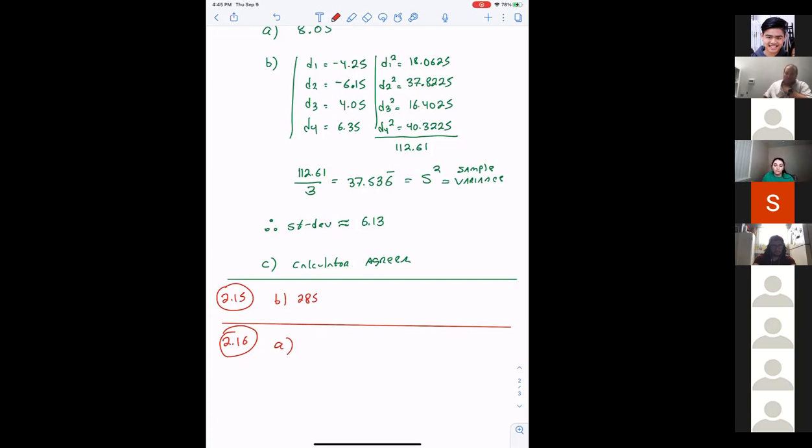Put the data in order. Now, how many data points do we have here? 10, which means after you put them in order, where is the median located? It's between the 5th and the 6th.